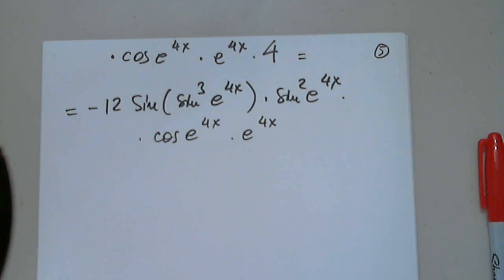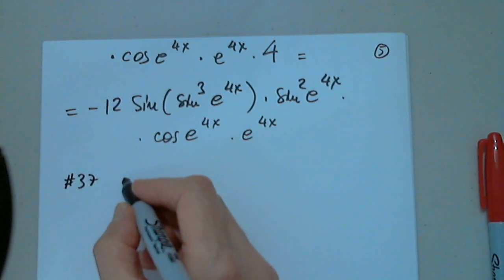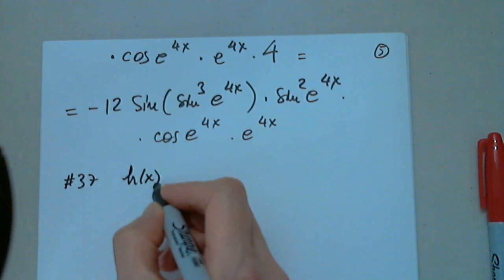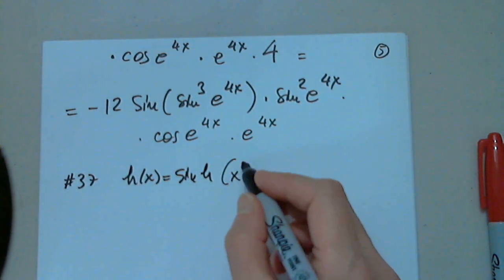No, it ends. So we can look at another one. Yeah, why not? Let's look at 37. We have h of x equals hyperbolic sine of x squared.